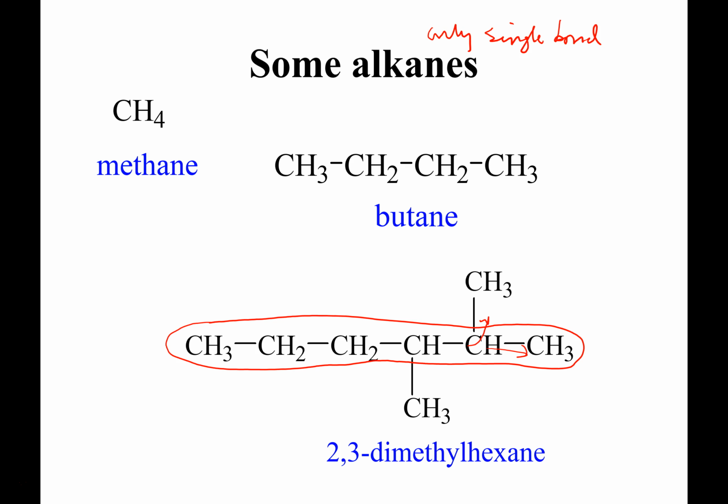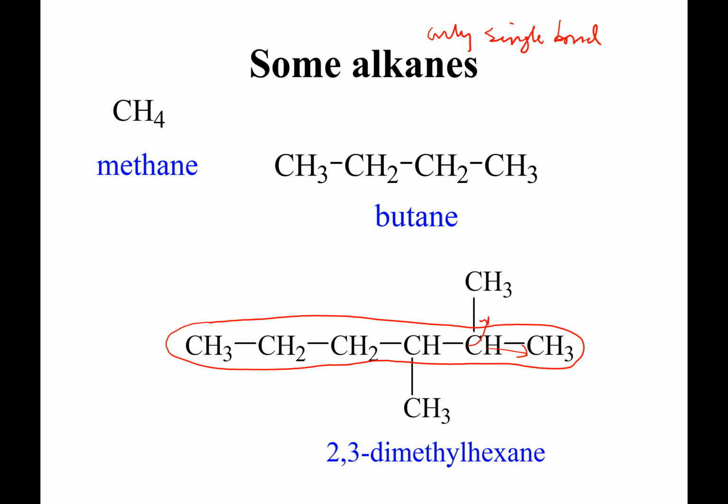But now the other thing is we need to name these branches. The trick for naming branches is you want the lowest number. So we include the number where the branches occur. If I were to call this carbon 1, 2, 3, 4, 5, 6, then my methyl groups would be on carbons 4 and 5. But if I start here and call this 1, 2, 3, 4, 5, 6, now my branching is on carbons 2 and 3, and that's preferred. So I'm going to show you what I mean.